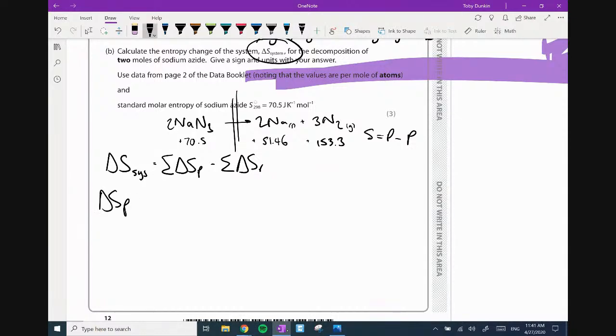Delta S products is going to be 2 times 51.46 plus brackets 3 times 153.3, realizing that we've got to multiply them up by the stoichiometric ratios in the equation.